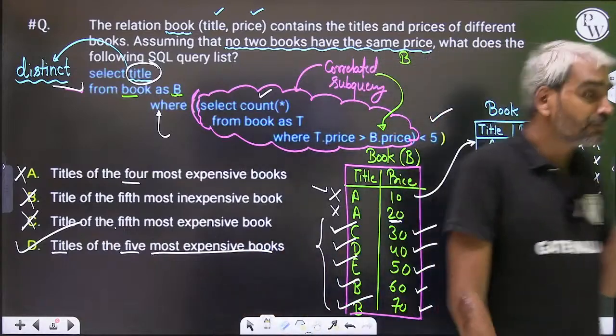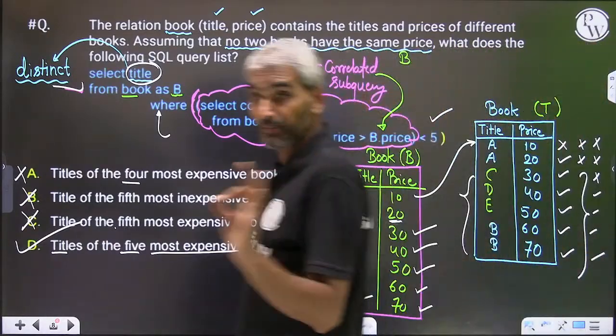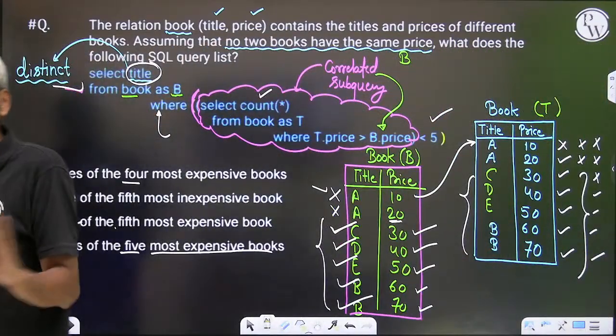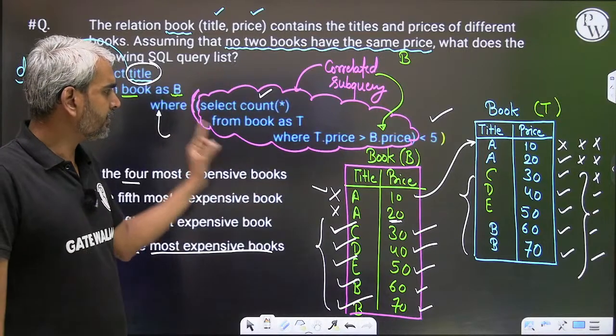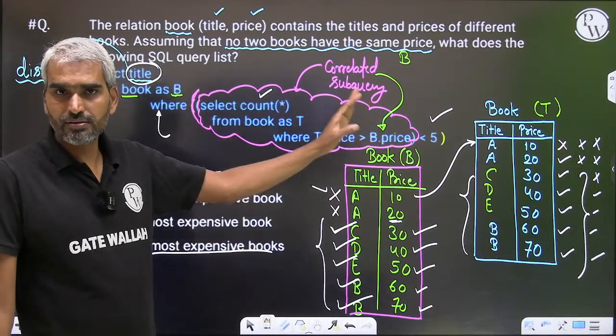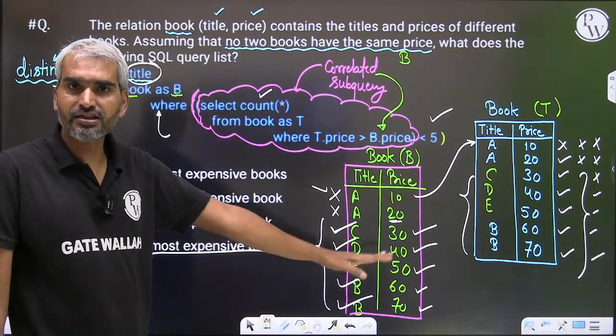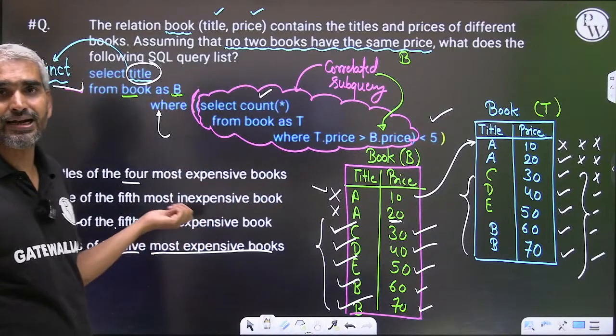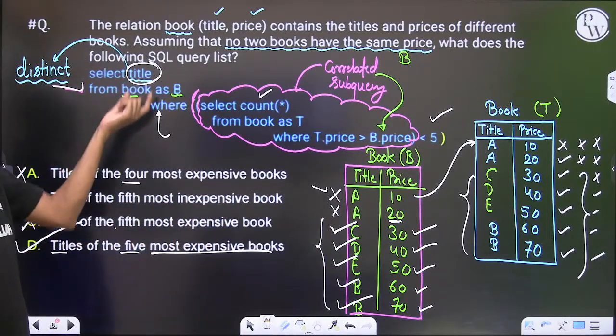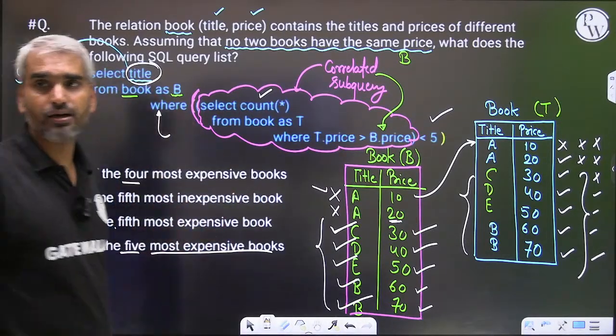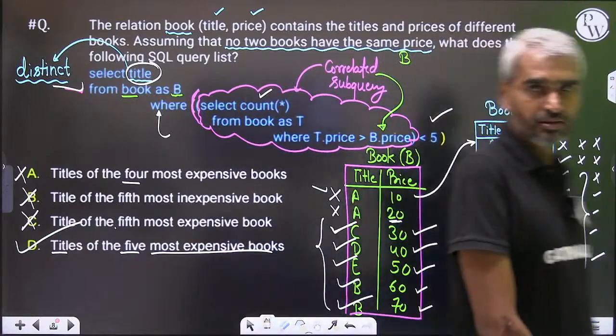Again, the concept of correlated subquery. For each tuple in our query, the complete inner query will be executed on the complete inner relation, and based on that you will decide whether the tuple from the outer relation should be selected or not. Simple concept.